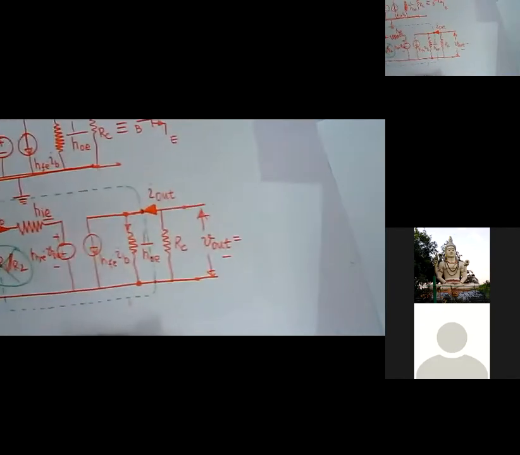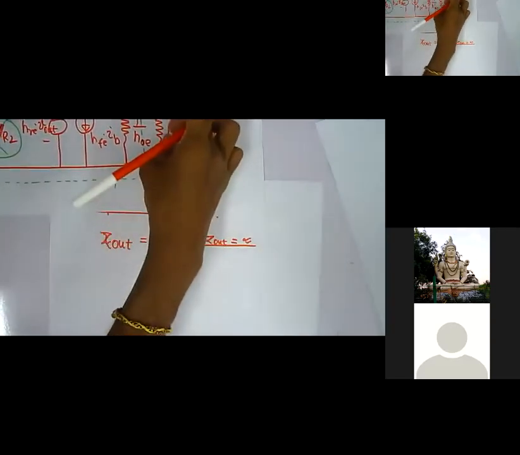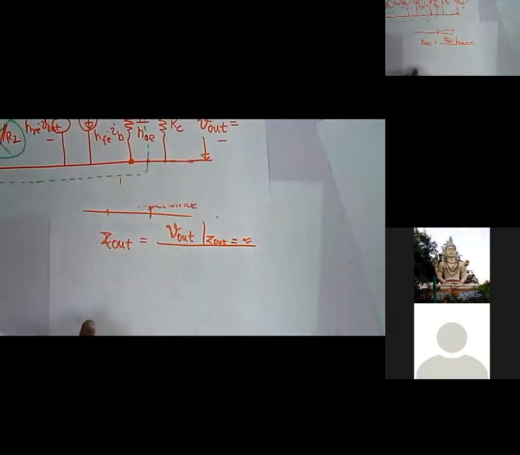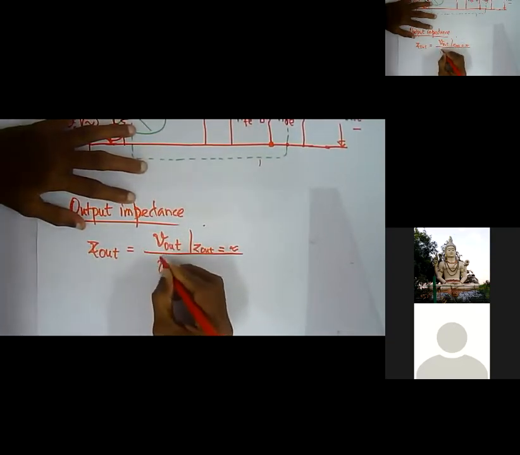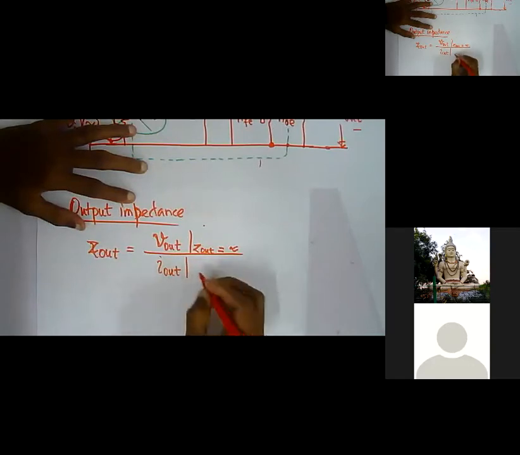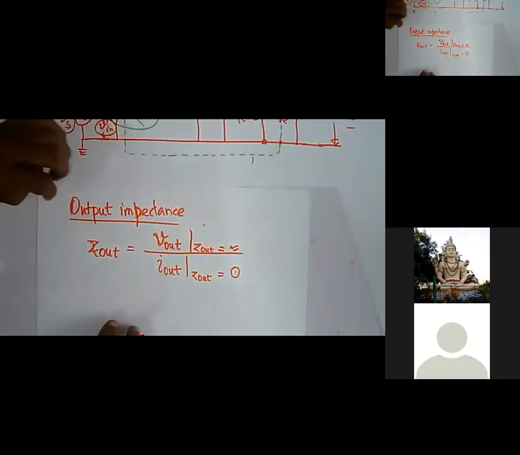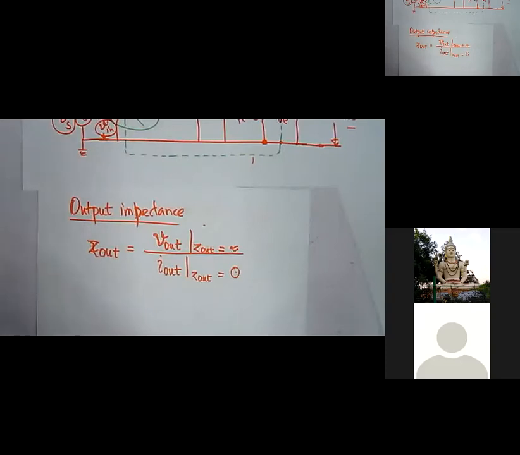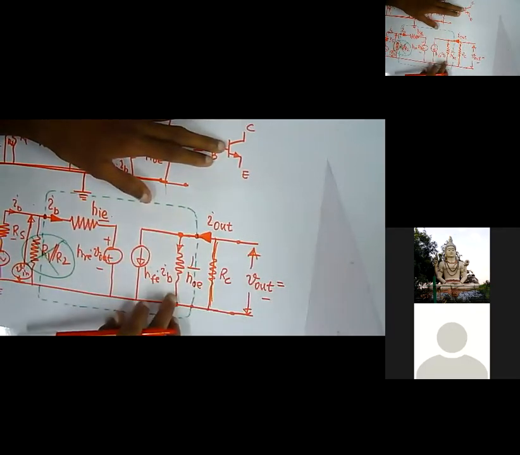So the voltage V out is when you open circuit this one, and also divided by I out when Z out is equal to 0, which means you need to short circuit this one and look at the current through it.